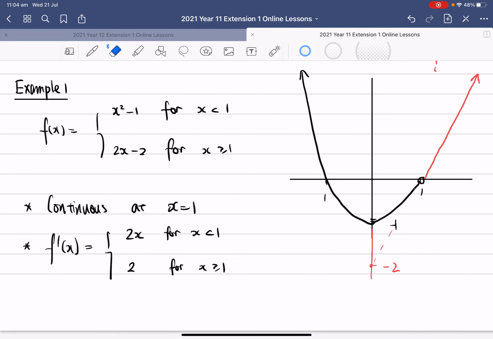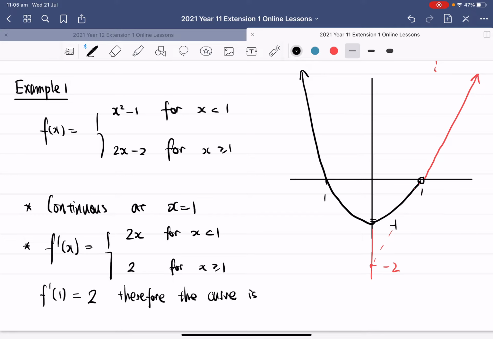So we can write down f dash 1 is equal to 2 for both functions here. Therefore, the curve is differentiable at the point, let's call this point P, at the point P(1, 0).